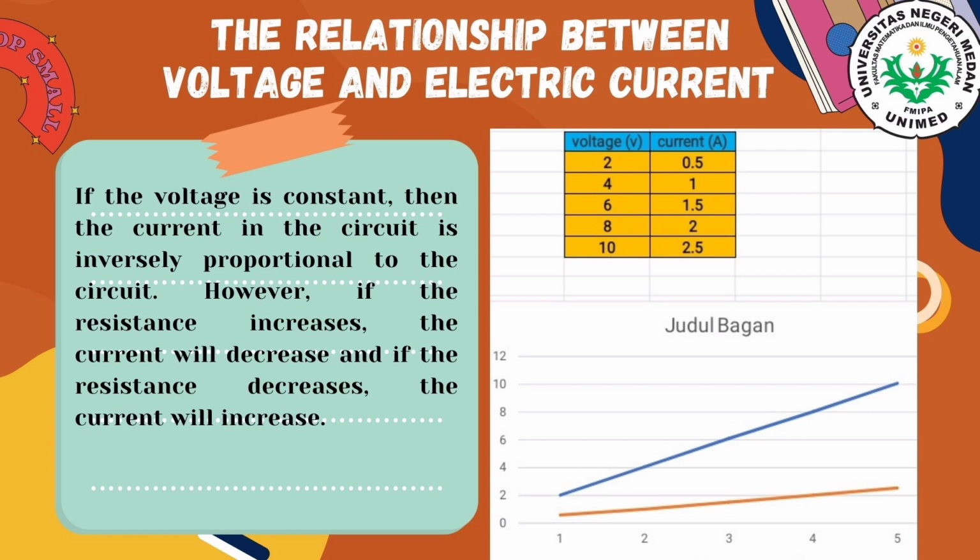If the voltage is constant, then the current in the circuit is inversely proportional to the resistance. If the resistance increases, the current will decrease, and if the resistance decreases, the current will increase.